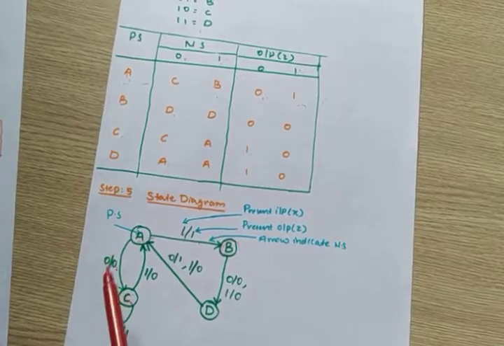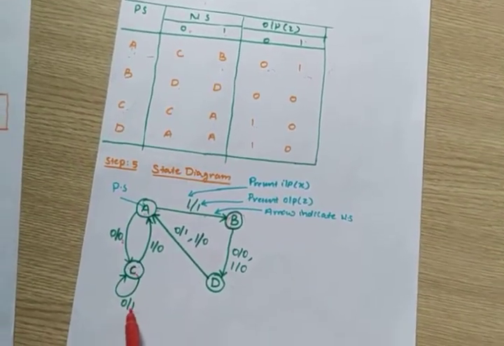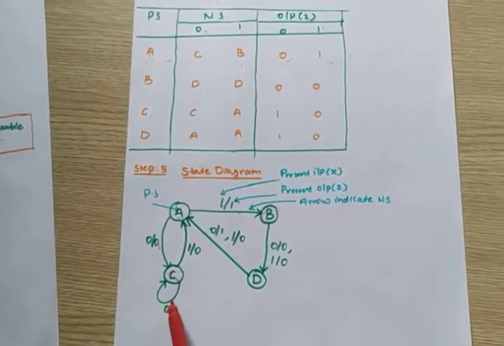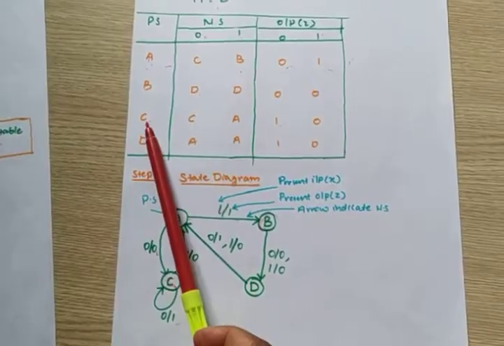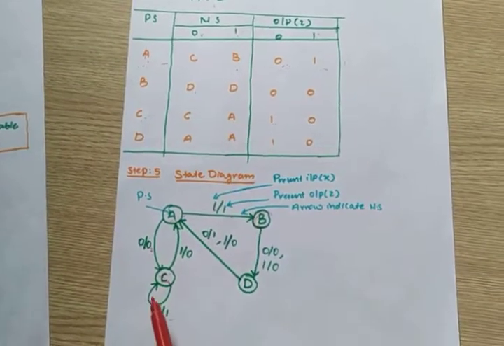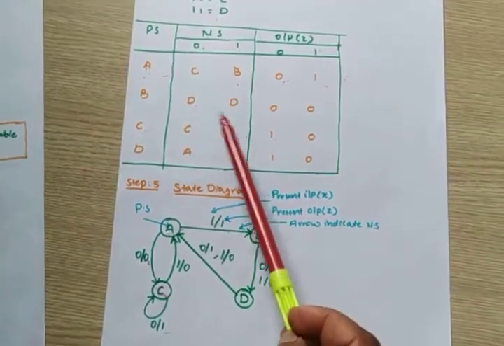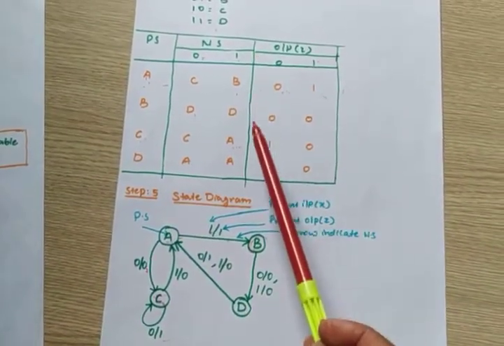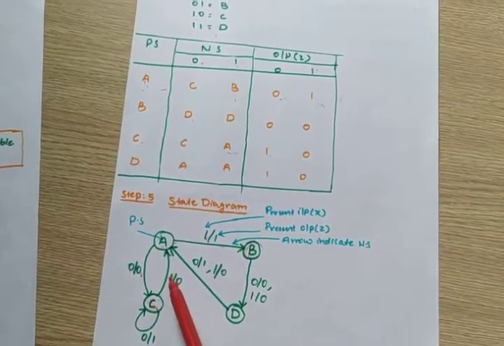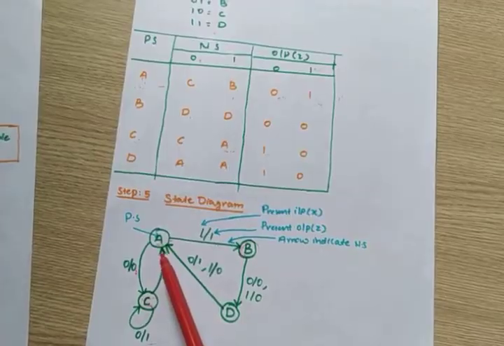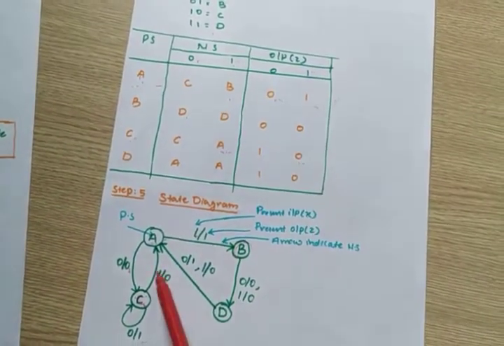So 0 bar 1, it is written like this. Okay. Now you are in state C and I am giving 1 input. State C 1 input, it will go to state A. What is the output? State C 1 input, output is 0. So 1 bar 0.